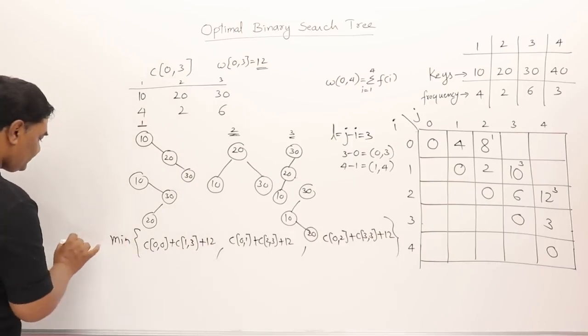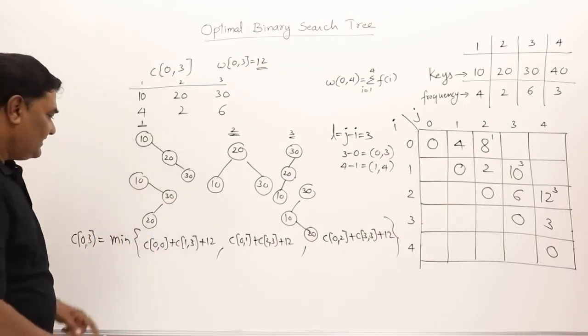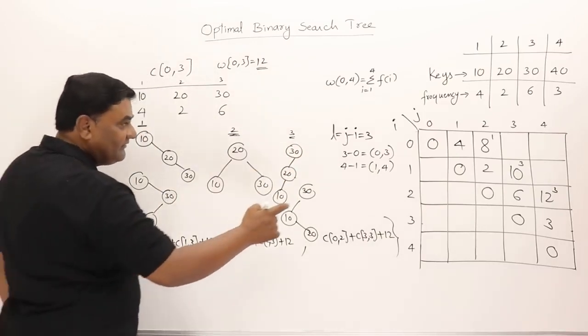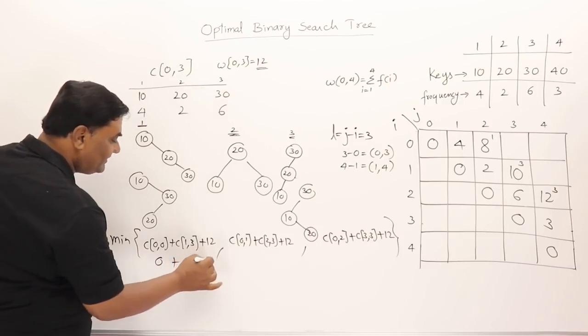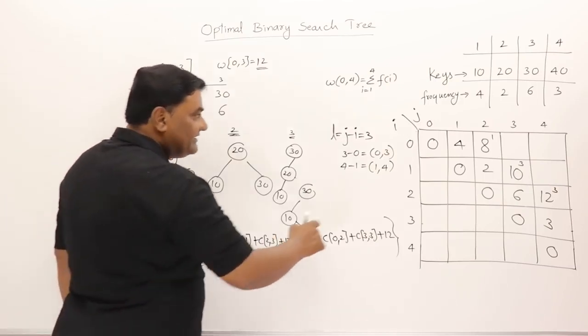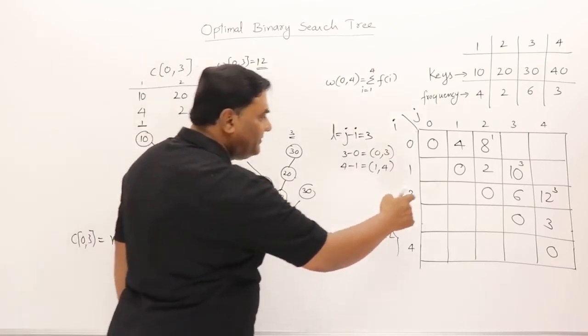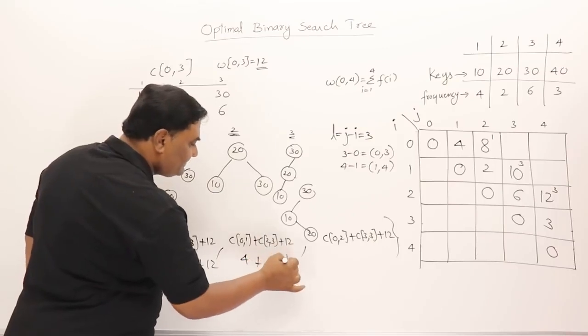So that will be the cost of C of 0 comma 3. So 0 comma 0, that is 0, plus 1 comma 3, how much? 10 plus 12, 22. 0 comma 1, how much? 4 plus 2 comma 3, how much? 2 comma 3 is 6 plus 12.